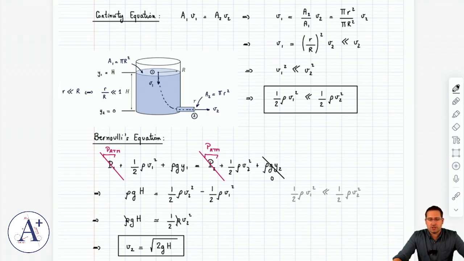But as long as you can identify, is my fluid at rest versus is it flowing, and then what equations do I use accordingly, then usually you'll find that after doing a few fluids problems, you get a hang of it real quick. There's not much to this chapter, which is a nice break after 3 weeks of torque and rolling without slipping and all that stuff. So this is a bit more straightforward, and it's easier to get good at fluids in a short period of time. But it is worth doing.